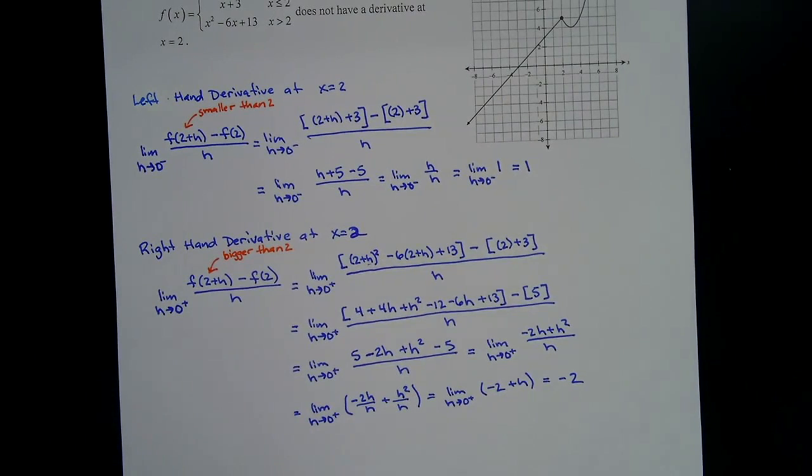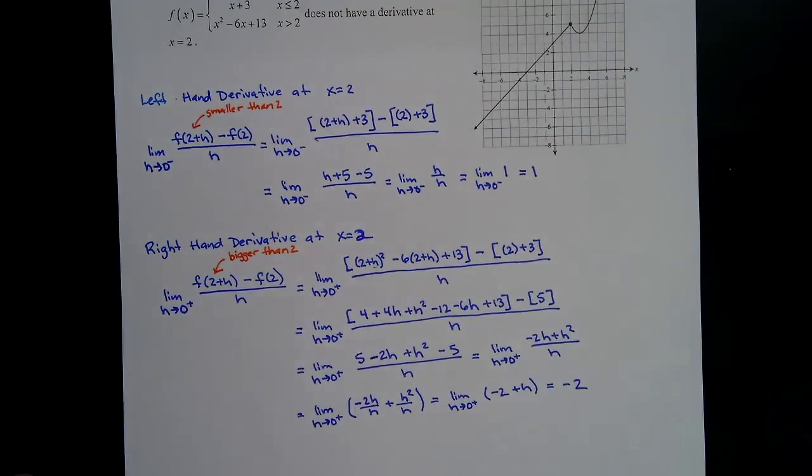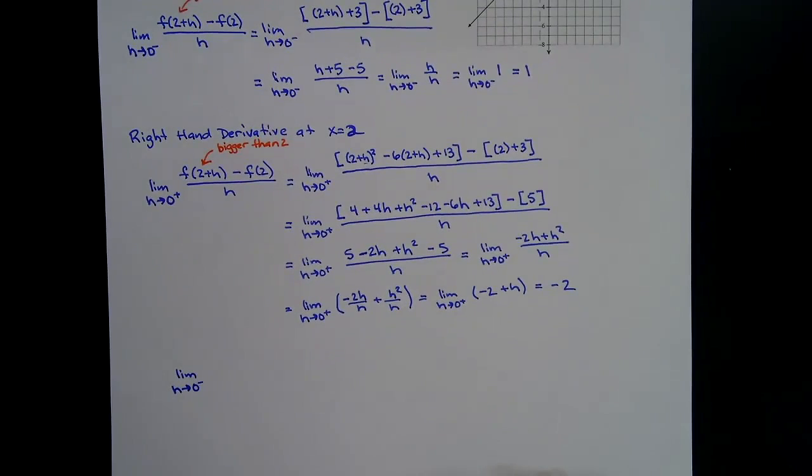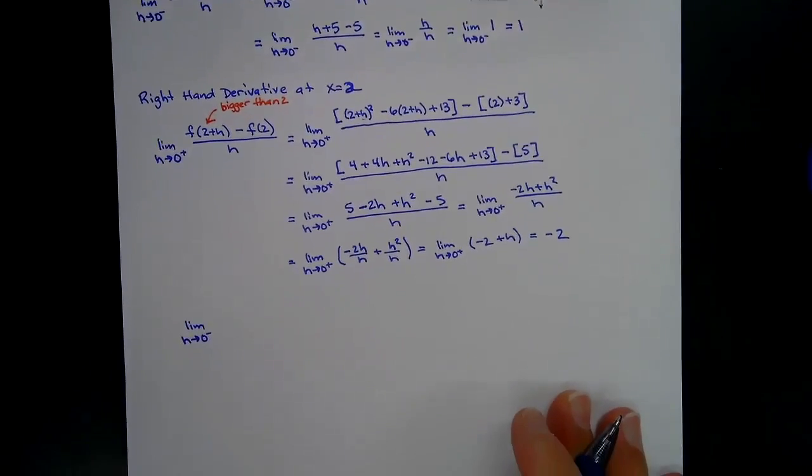For a derivative to exist, the limit has to exist, which means the one-sided limits have to exist, and they don't. So what we could say is the limit as h approaches 0 from the left, and I just realized you cannot see it. I was going to be good and I wasn't.